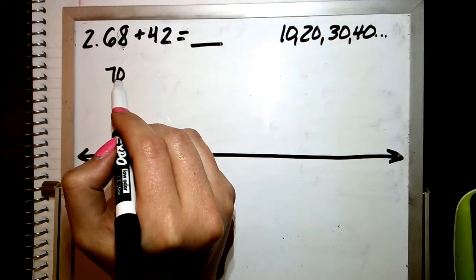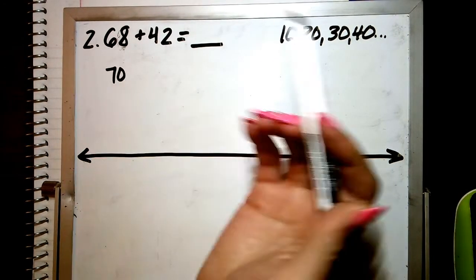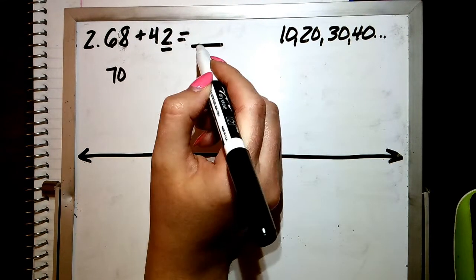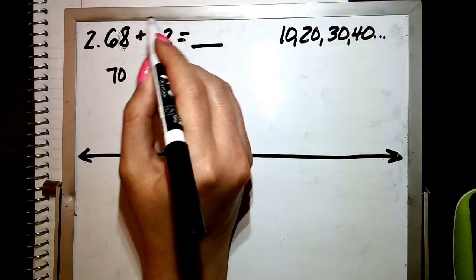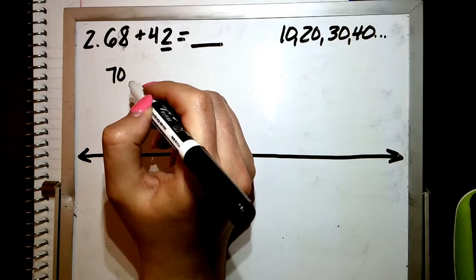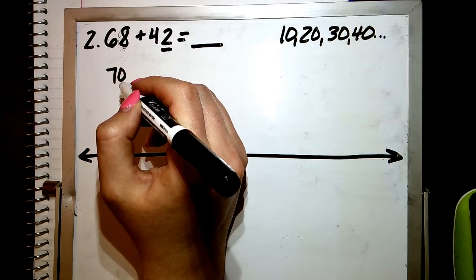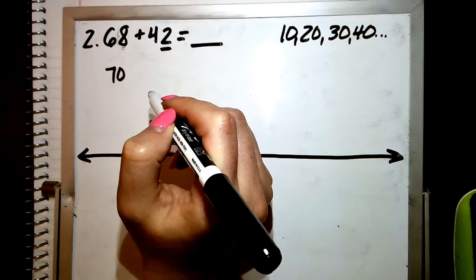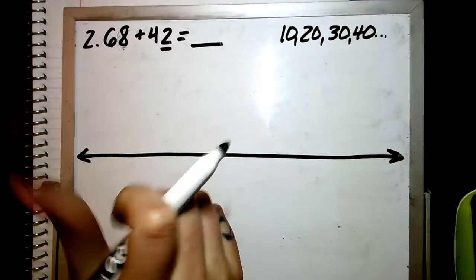So to get to 70, I need 2 more ones. And where can I get those 2 ones? I can share those 2 ones from the 42 with 68 and basically add those 2 ones to the 68, which will put me at 70. And then guess what? All I have to do is add my 4 tens to 70, which will be easy peasy lemon squeezy. So let's try that.